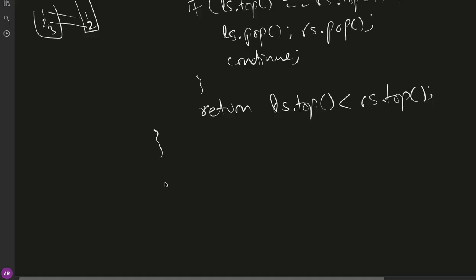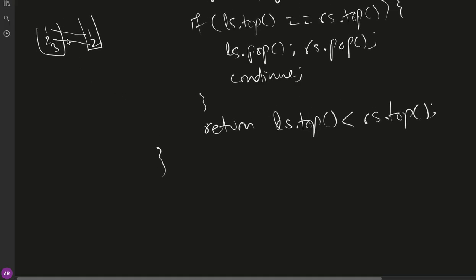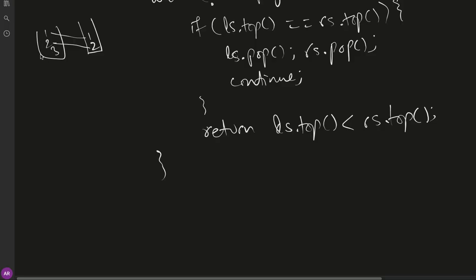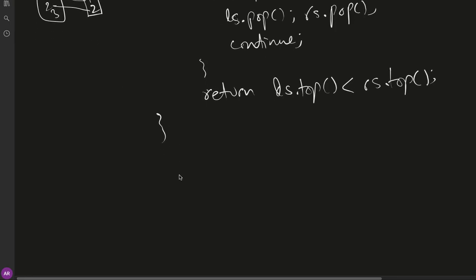So in that case, if the left hand stack is empty, that means the left hand stack has fewer values than the right hand stack, then we can return true, otherwise we return false. In this case the left stack is not empty, but the right stack would be empty, so we should return false.